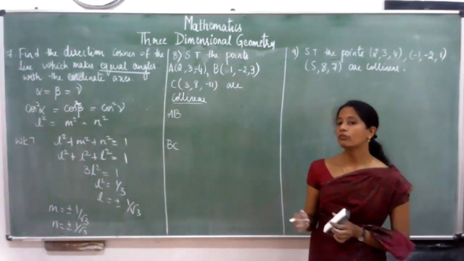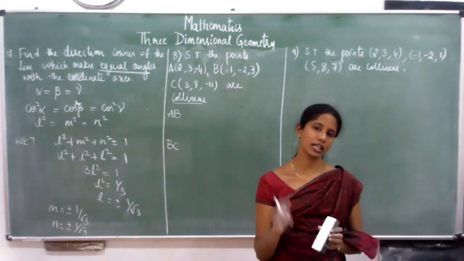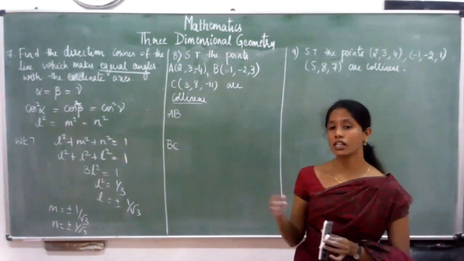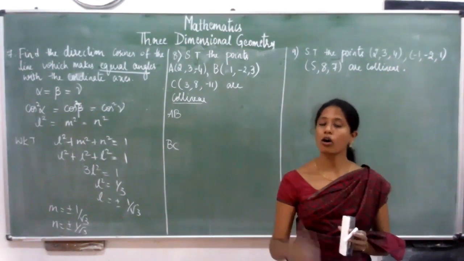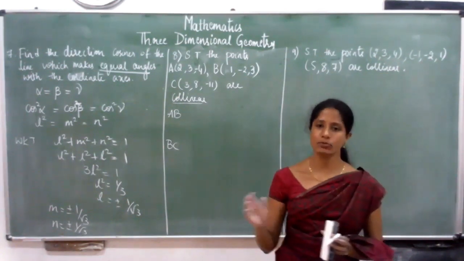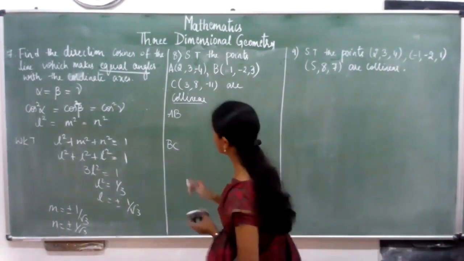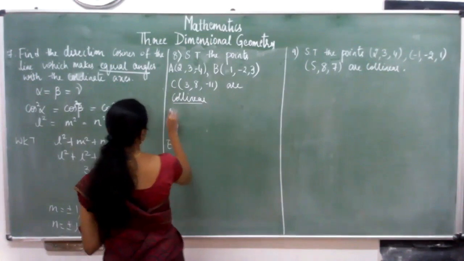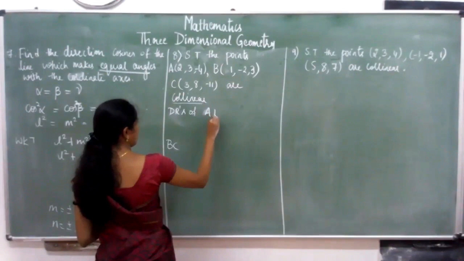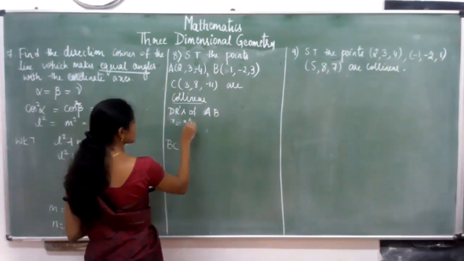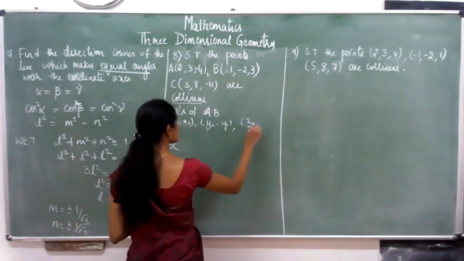How to find them? We know that when we have a line joining 2 points, say x1, y1, z1 and x2, y2, z2, the direction ratios will be given by x2 minus x1, y2 minus y1, z2 minus z1, or x1 minus x2, y1 minus y2, and z1 minus z2. Using the same formula, the direction ratios of AB will be given by x2 minus x1, y2 minus y1 and z2 minus z1.